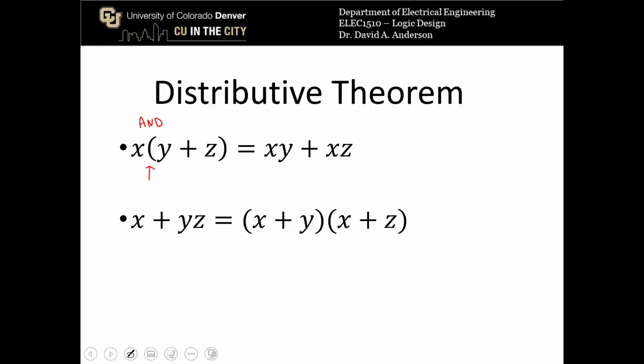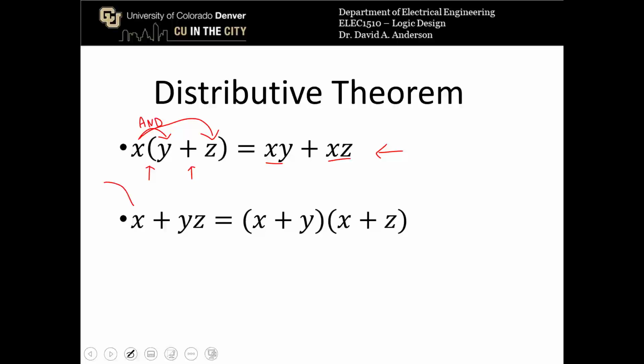So x multiplied by y plus z, in this case y or z, is equal to x times y plus x times z. So you just distribute the outside variable to the two inside variables just like you do in normal algebra, and this essentially comes out to be x and y or x and z. Alright, so that one's pretty self-explanatory.